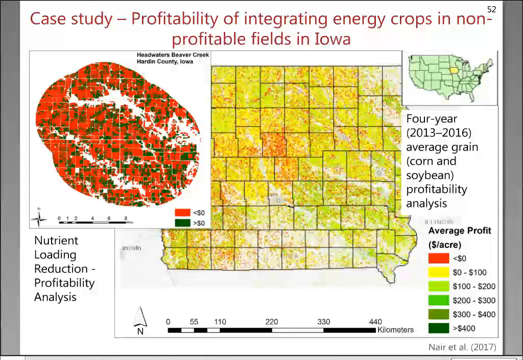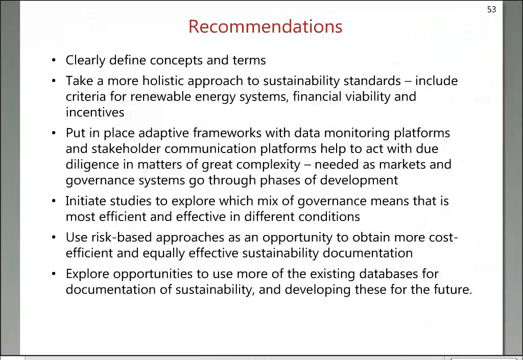So again, getting back to the more holistic view on sustainability, we also need to look at those systems that are financially viable and need data for this type of information.